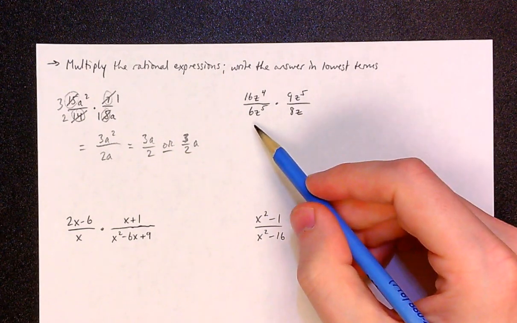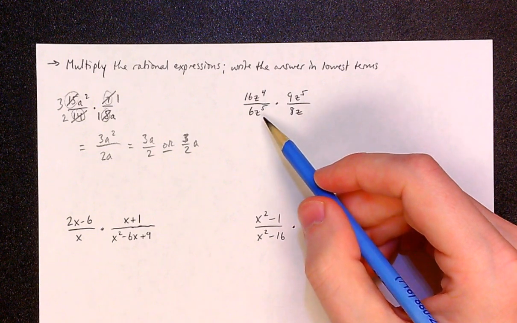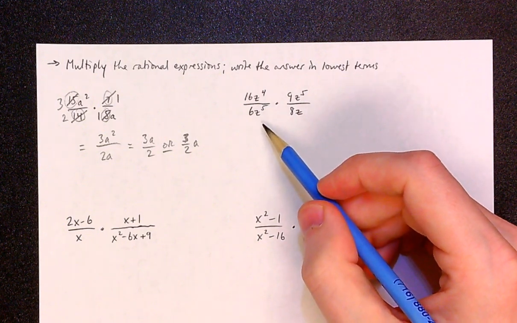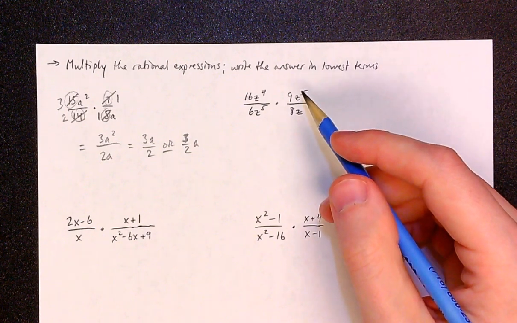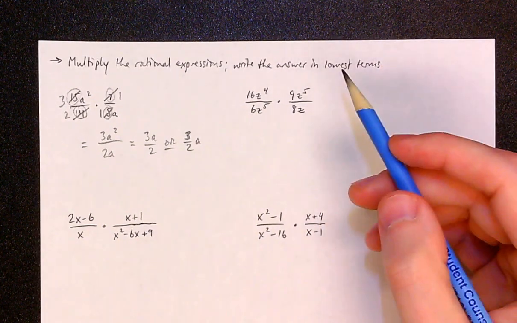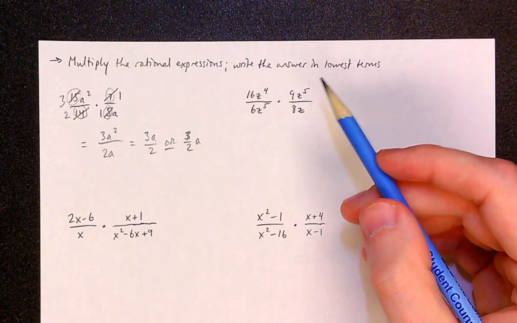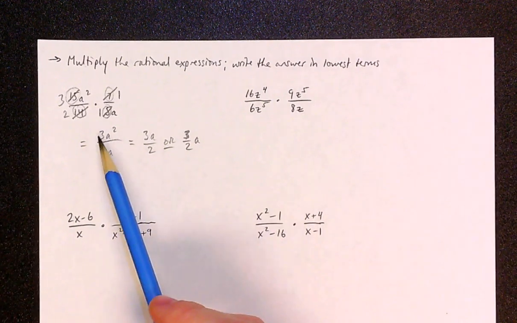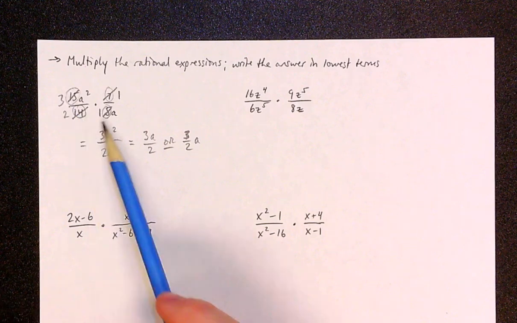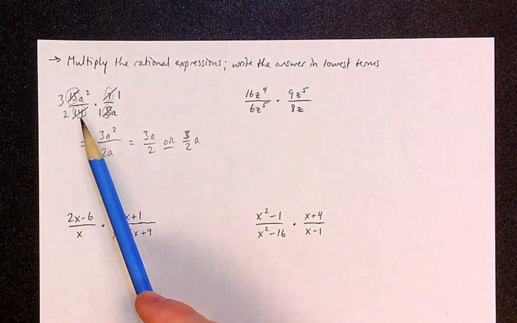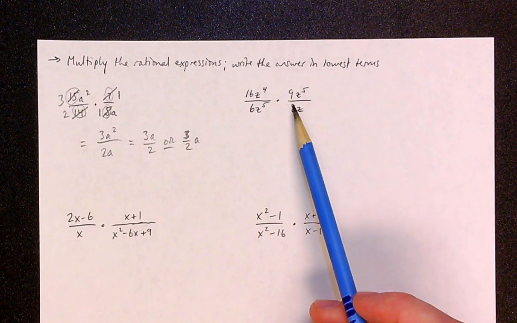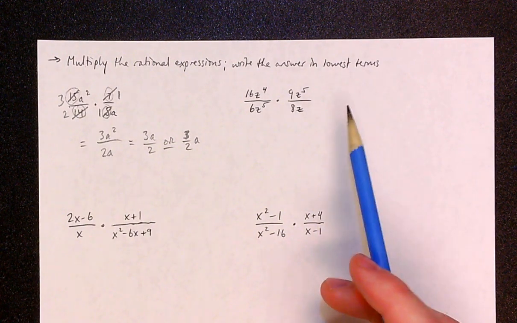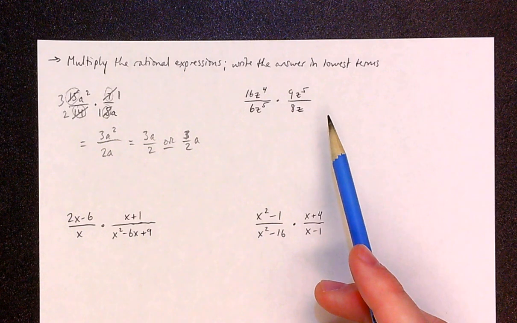Looking at this one here, 16z to the 4th divided by 6z to the 5th times 9z to the 5th over 8z. The other thing you could do is, if you don't feel comfortable trying to simplify the coefficients or the numbers in front first, then you can just multiply these things and then from there begin your simplification.